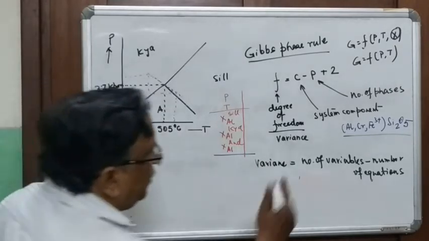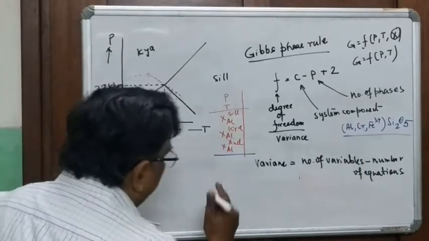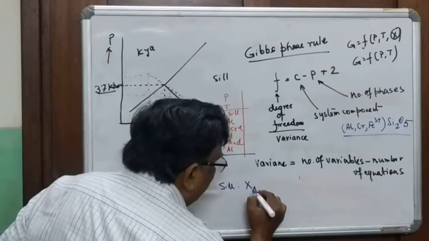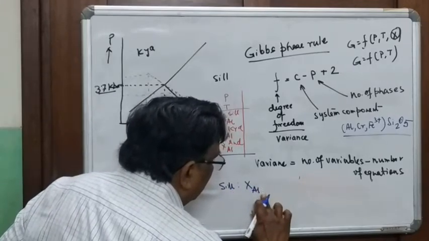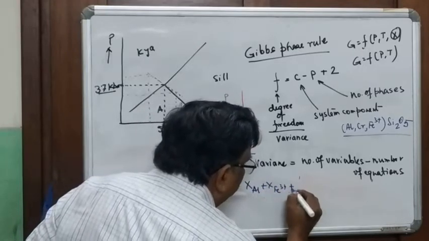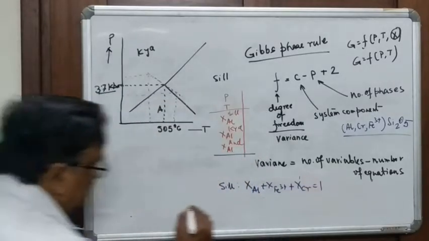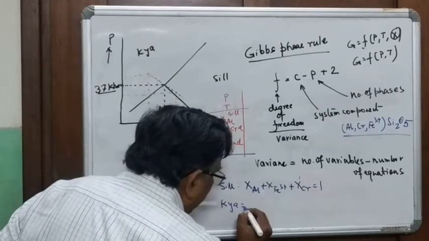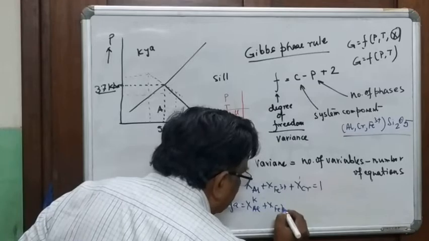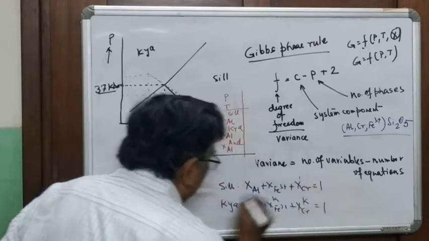Now, if you have this, what are the variables? Now you see, if I take sillimanite, then you would have XAl plus XFe3 plus XCr equal to 1. Yes or no? Kyanite, XAl kyanite plus XFe3 kyanite plus XCr kyanite equal to 1.